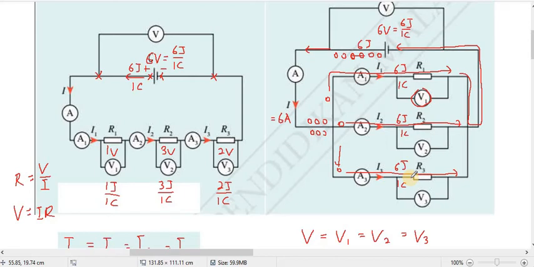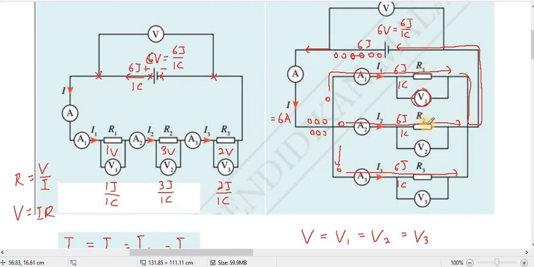That is what you learned in lower form, where all the resistance is the same. But now, what if the resistance is different? Then the charge will distribute according to the resistance. Let's say this one, R1, has the highest resistance.